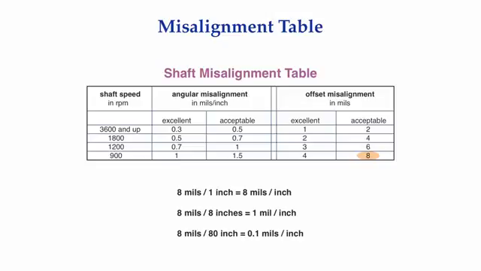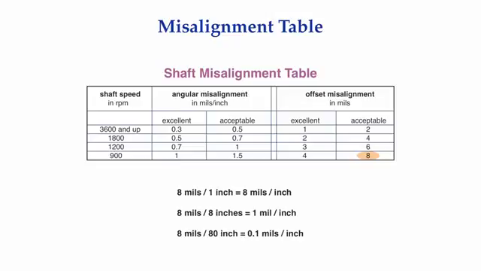An 8 mil offset over an 8 inch separation is 1 mil per inch, and 8 mils of offset over an 80 inch separation is only 1/10 of a mil per inch. That's a huge difference. That doesn't make much sense to me.